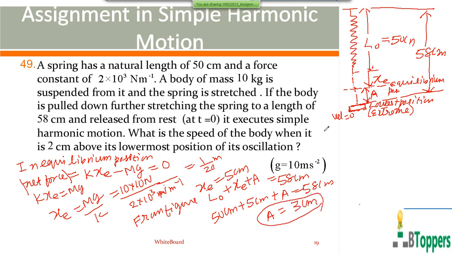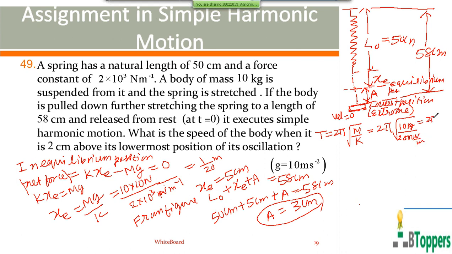The time period of oscillations of the mass suspended spring is given by 2 pi root of m by k, or you can write it as xe by g. So here mass m is given as 10 kg. The elastic force constant of the spring is 2000 Newton per meter.